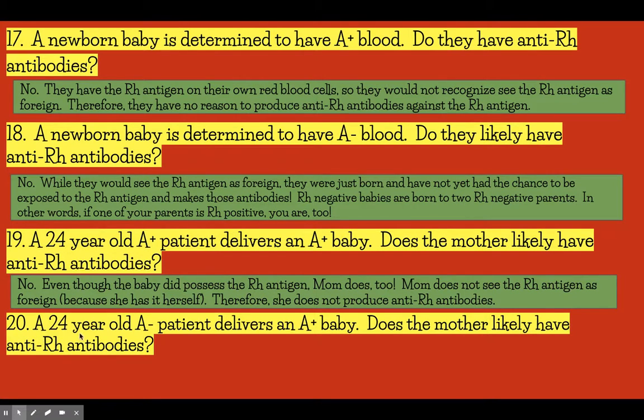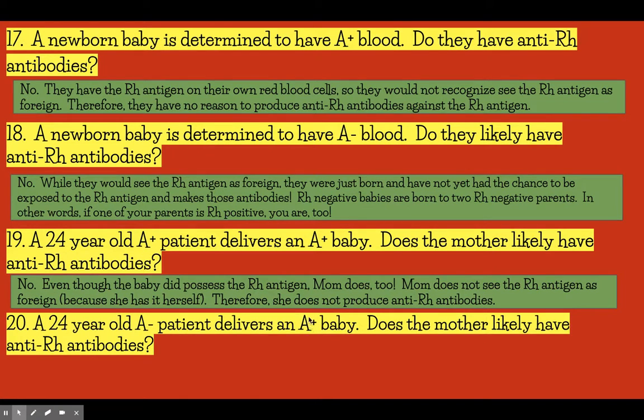20. A 24-year-old A negative patient delivers an A positive baby. Does mom have anti-Rh antibodies? Mom is Rh negative. She does not have antibodies until she is exposed to or sensitized to the Rh antigen, either through a transfusion or delivering a baby.